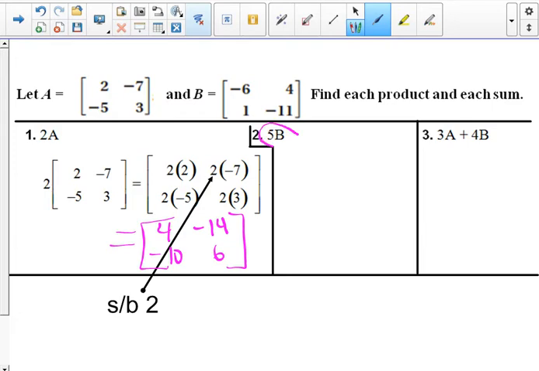Now, I want you to work 2, which is 5B, and 3, which is 3A plus 4B. And work those now. I'm going to give you 2 minutes.